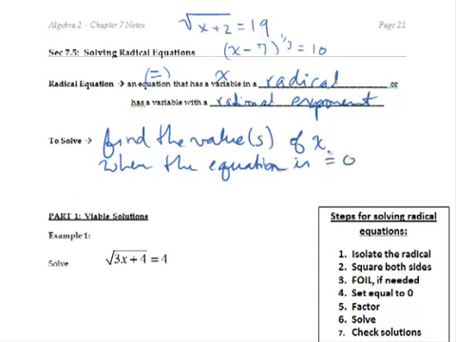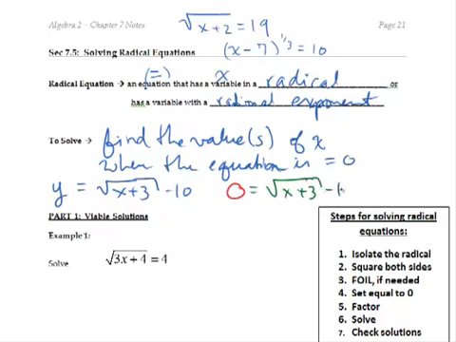So if you're given something like y equals square root of x plus 3 minus 10, you would want to set that up to be 0 equals square root of x plus 3 minus 10. We would start to move the 10 over and out of the way. We'd start to say that 10 equaled square root of x plus 3, and we'd still keep solving for that x. So if you have the y equals, replace that with a 0.